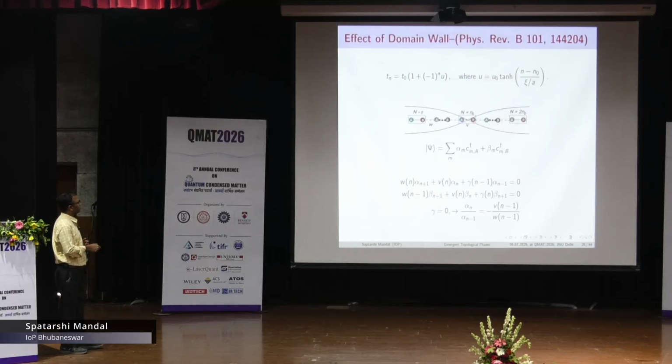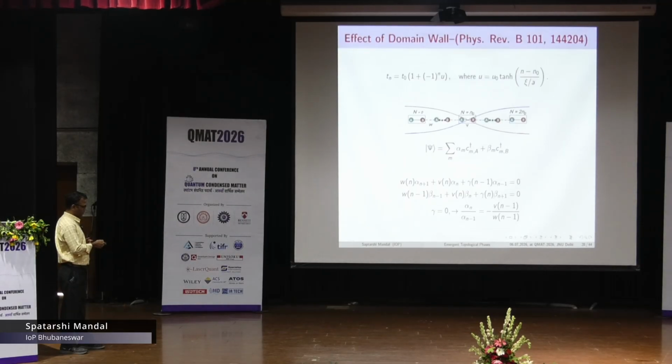As we know, the Aubry-Andre potential is a quasi-periodic potential, and in the presence of that, the topological phase goes to a non-topological phase, and again depending upon your system parameters, another topological phase reappears, which is called a reentrant topological phase.